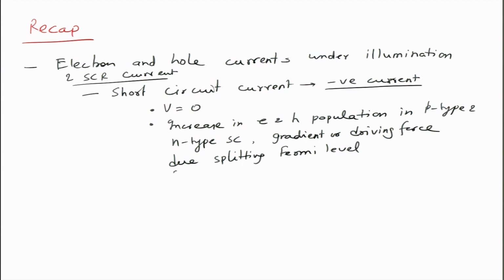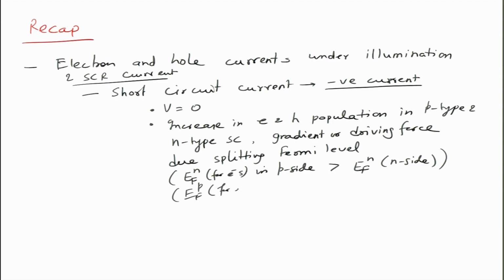So basically you can say EFN for electrons in p side is greater than EFN in n side. Similarly, EFP for holes in n side is lower than EFP in p side. So you can say electrons like to sink and holes like to float.